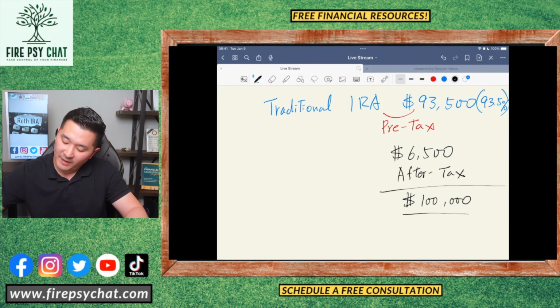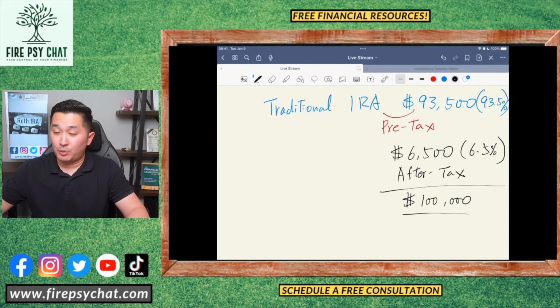And 6,500 is going to be the other 6.5% of the after-tax money in my traditional IRA. So in this case, only 6.5% of the 6,500 Roth conversion would be considered tax-free, and 93.5% of the same 6,500 would actually be taxable to me.